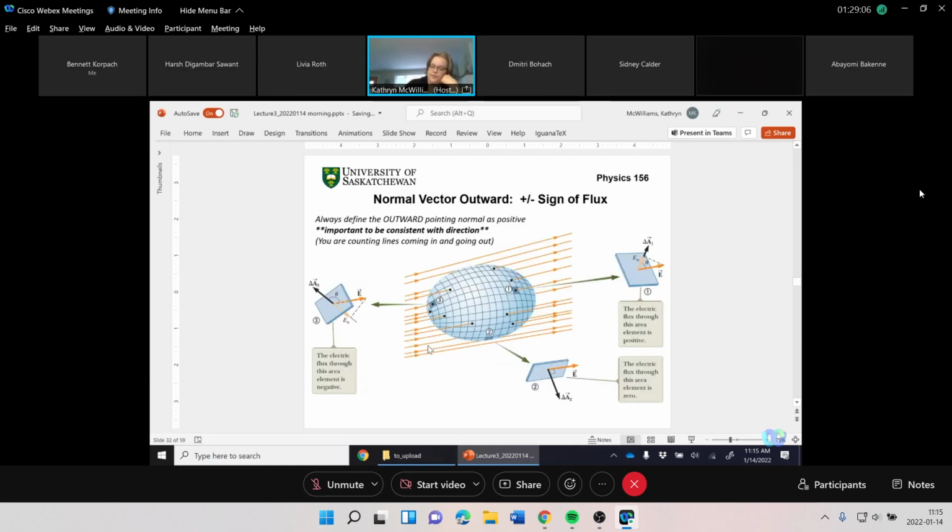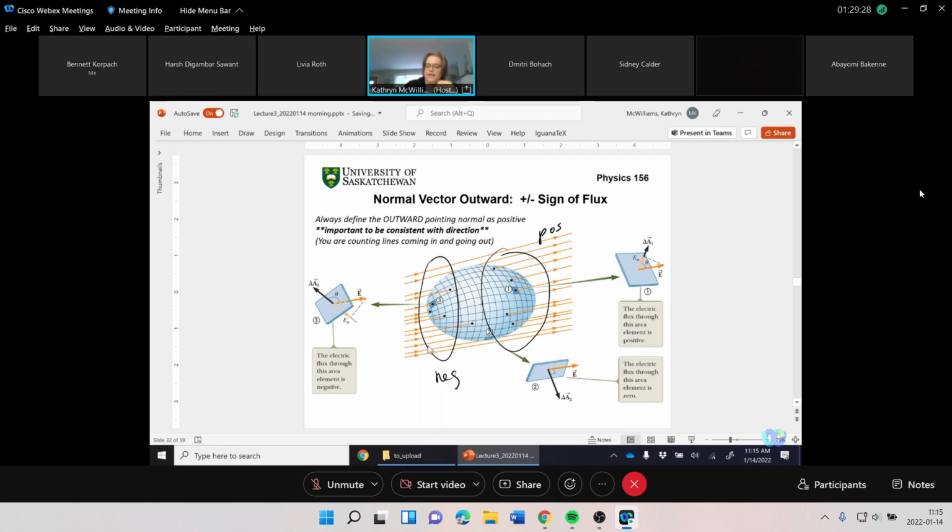So the flux going into a surface is going to be called negative, and the flux coming out of the surface where the normal vector is out, the electric field is out, that's going to be positive, okay? So the flux on this side is positive, and the flux on this side is negative. And you can see that we've got flux going in and flux coming out, right?